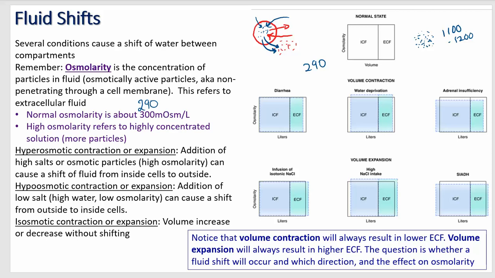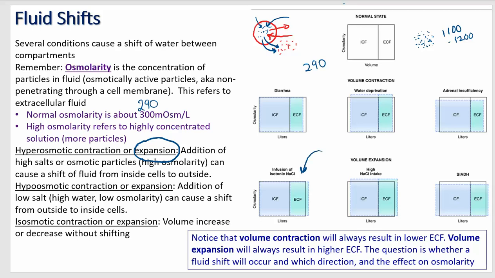So we talk about hyperosmotic contraction or expansion. Addition of high salts would actually be an expansion, and addition of high salts can cause the movement of fluid outside of cells. Expansion means that you are increasing fluid.